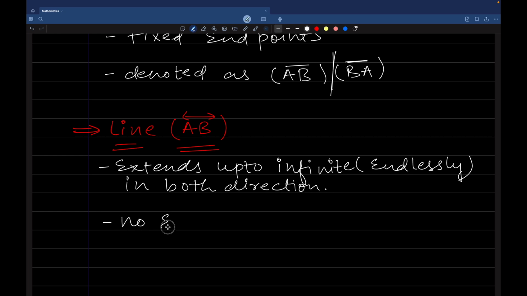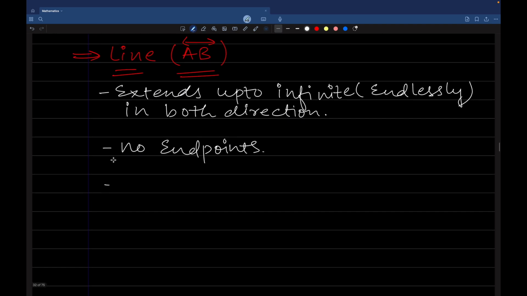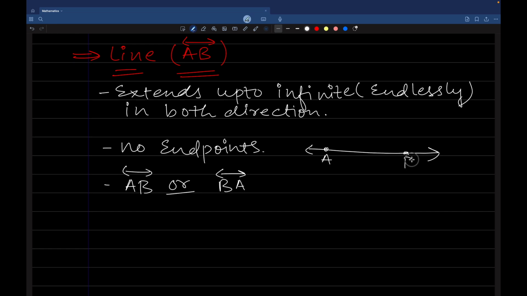It has no end points. It is represented by AB or BA. If I try to draw a picture, this is a line A, B.